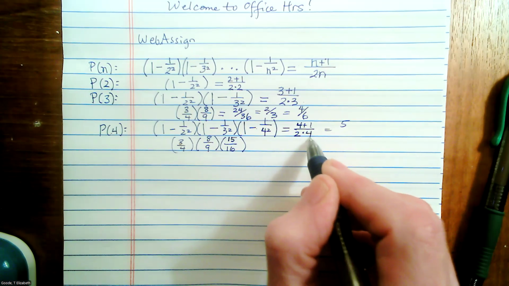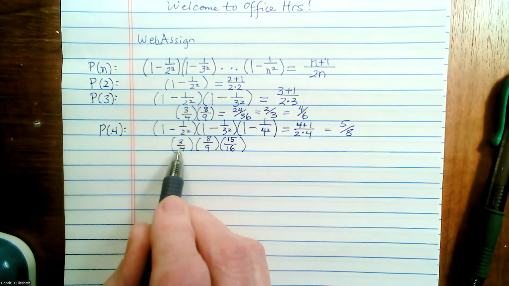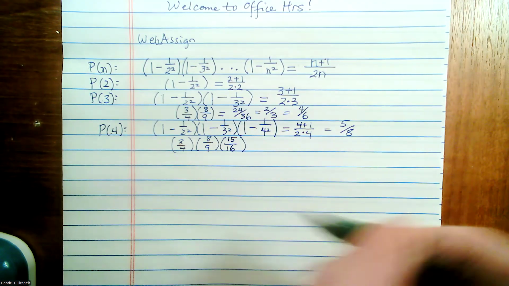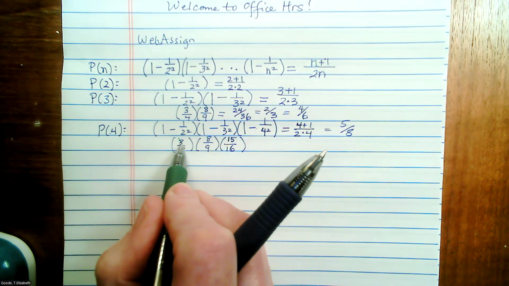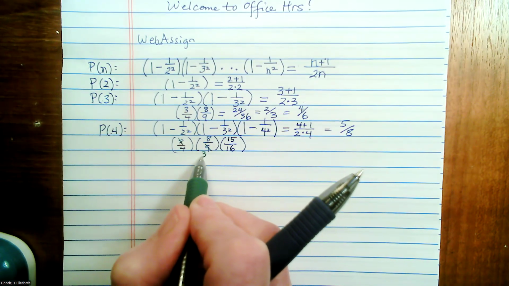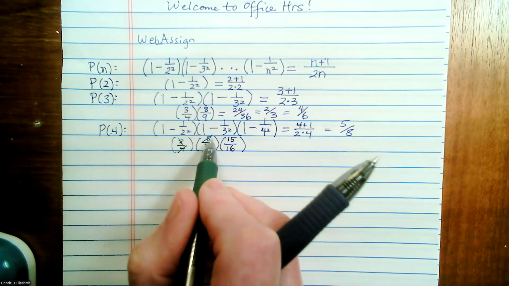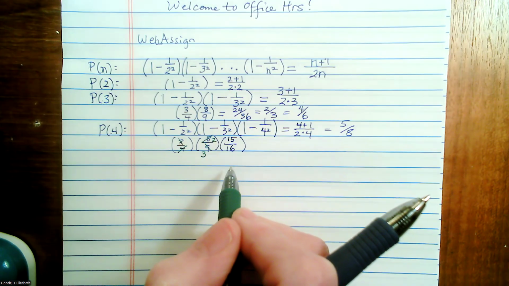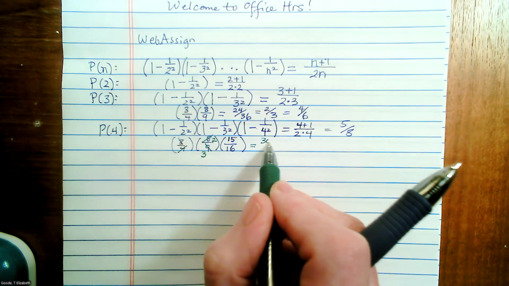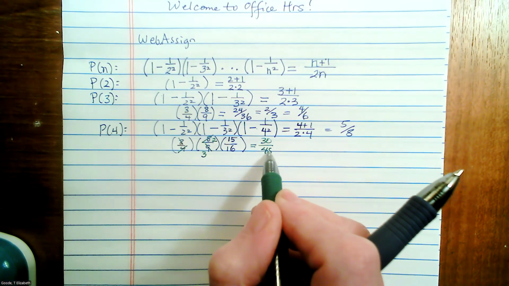Yep. And if you multiply this out, you can do some canceling. The 3 down here would cancel with the 9 down here, leaving a 3 down here. The 4 down here would cancel with the 8 up here, leaving a 2 up there, right? And so then we'd have 2 times 15, which is 30, 3 times 16, which is 48.